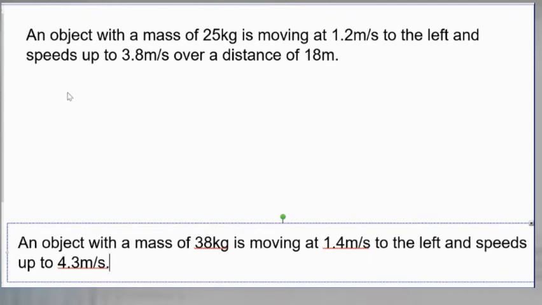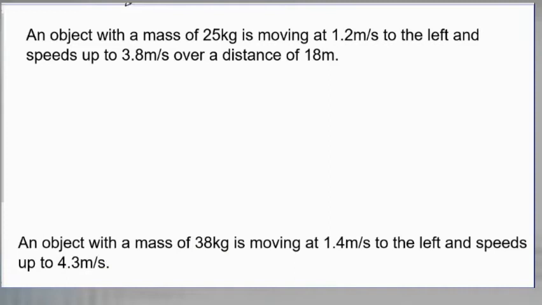Just like we combined a work problem with our dynamics questions, we can also combine it with a kinematics question, or both. Here we have an object of mass 25 kilograms moving to the right at 1.2 meters per second, and then it speeds up to 3.8 meters per second over a distance of 18 meters.